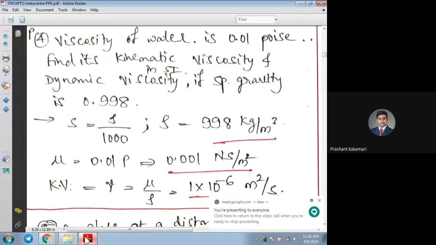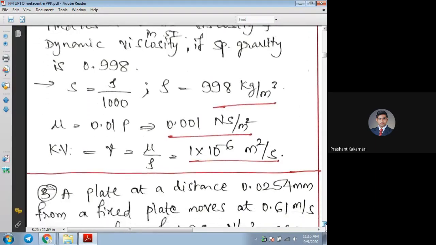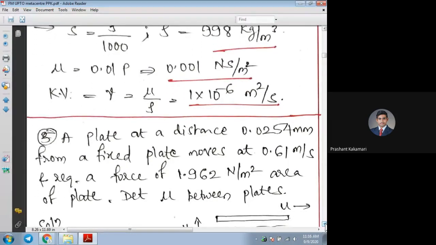Yes. So in the next problem, I'll read the question first. You'll understand what is given and what is asked. A plate at a distance. Now it comes to Newton's law.